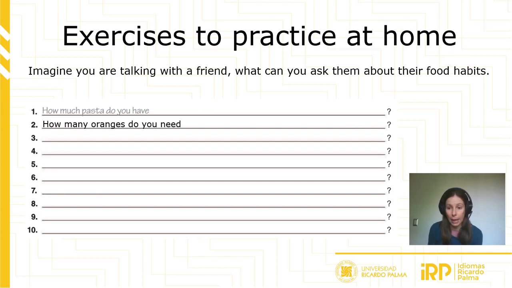Or if you are planning a dinner with your friend, you could ask how much there is to decide what to buy. Another question you could ask is, how many oranges do you need? Okay, so you can continue at home creating your own questions and personalizing this exercise.